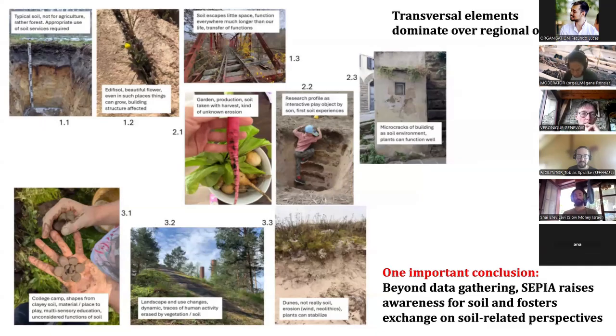We got some very interesting data on soil perception, but we also got a lot of feedback that by participating, people were getting more aware of soil and the different perspectives on soil, and they enjoyed the exchange on these perspectives. But I can also understand Veronique when she says it's not so new, because she's a soil scientist. She's been working on that for decades. She knows all these multi-perspectivities. So maybe for her it was not so new, but for other people, like maybe artists, this is all new.